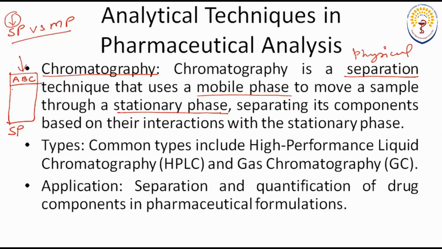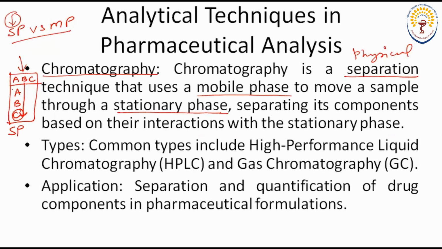The mobile phase will go through the stationary phase and separate A, B and C, depending upon the affinity of A, B and C with the mobile phase. Obviously when C travels far, it means that C has more affinity with the mobile phase and goes along with it, and that's how A, B and C are separated. So this is the chromatographic technique.